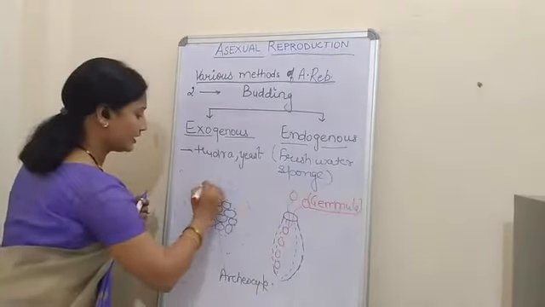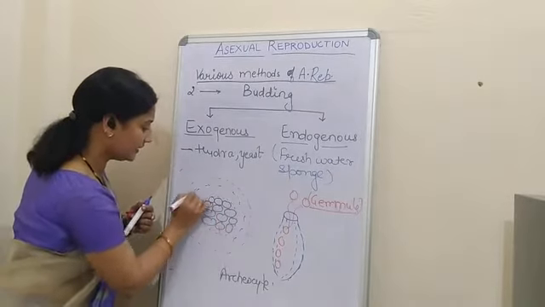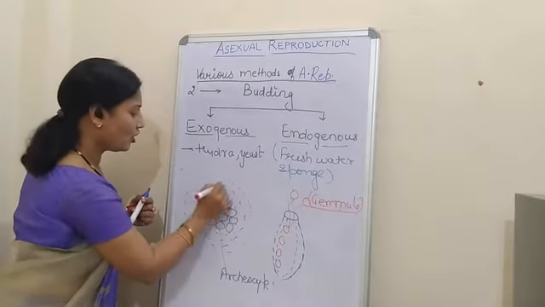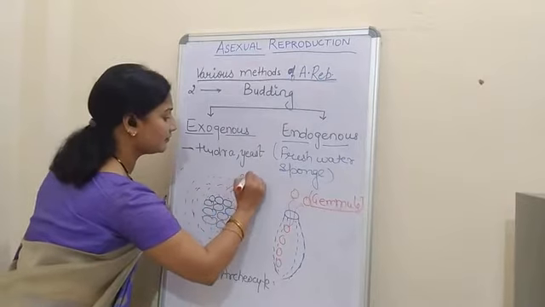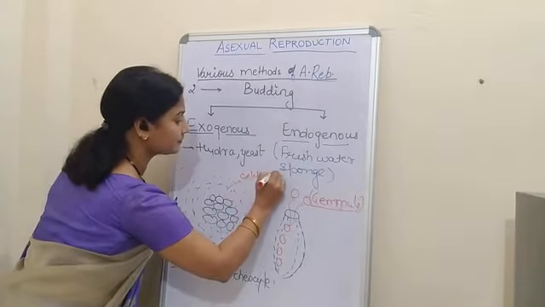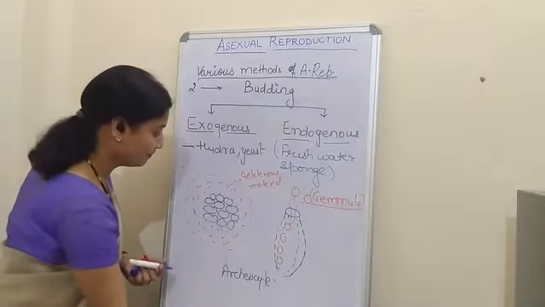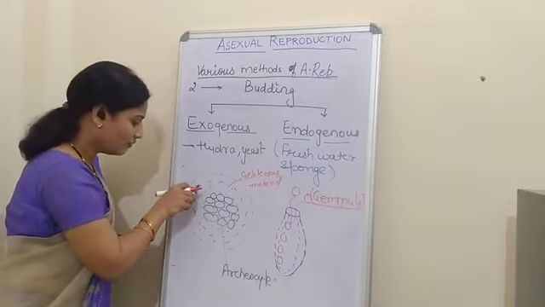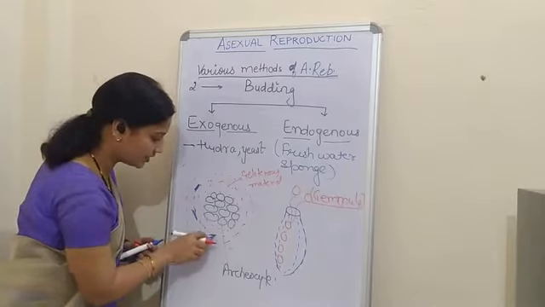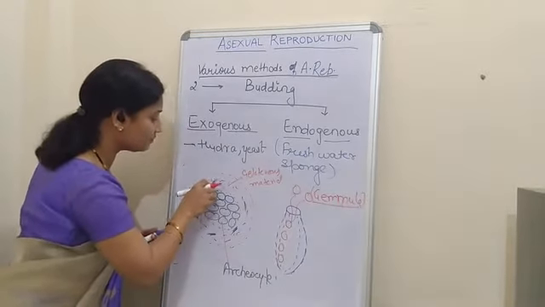And it is surrounded by a gelatinous matrix, and this gelatinous material consists of an exoskeleton-like structure called spicules.